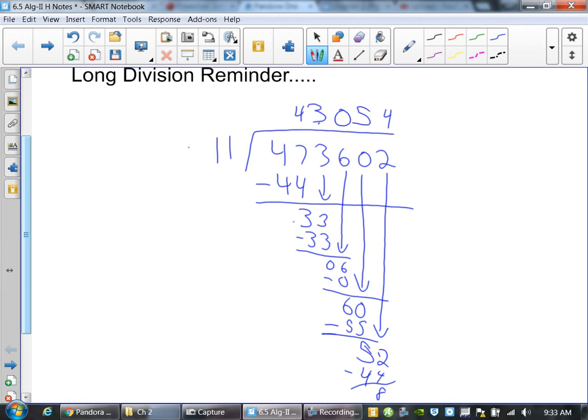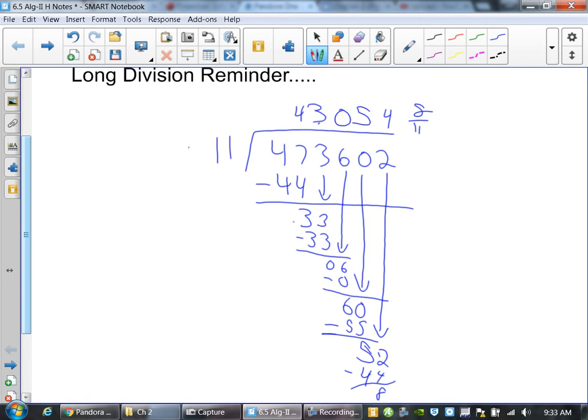What do you do with the 8? Remainder. We don't put it as an R anymore, but we wrote it as a fraction. 8 11ths.